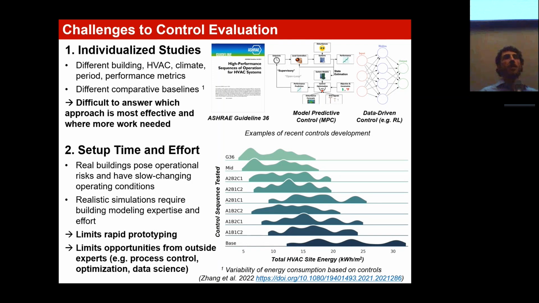What I'm trying to illustrate here is that it matters what control strategy you use in terms of how much energy your building consumes. So if you're evaluating a new control strategy, then your baseline, what you're comparing to, makes a difference.